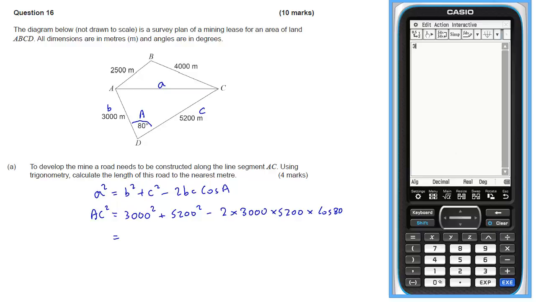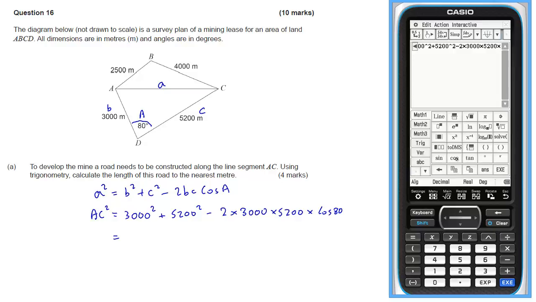So we've got 3000 squared plus 5200 squared, take away 2 times 3000 times 5200 times the cosine of 80, and that gives me this.